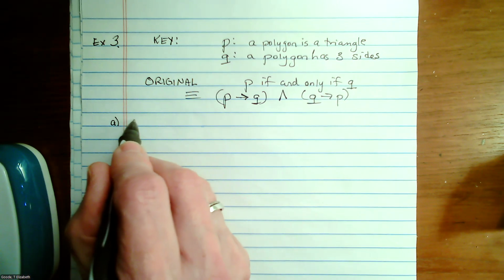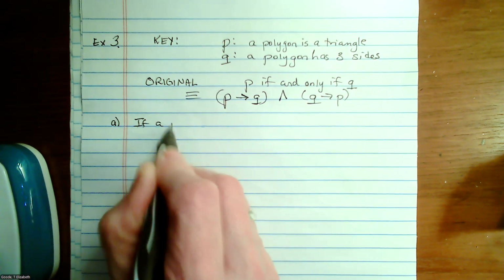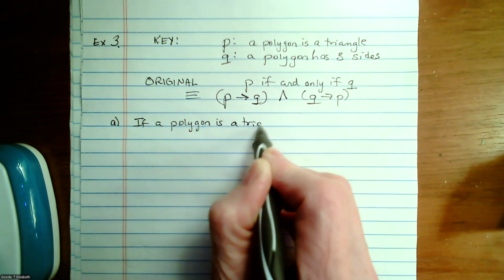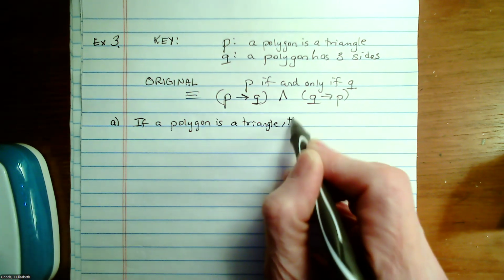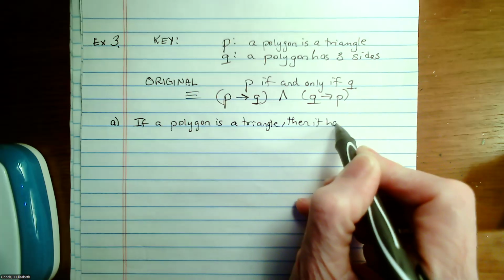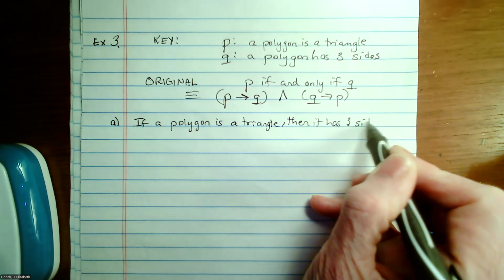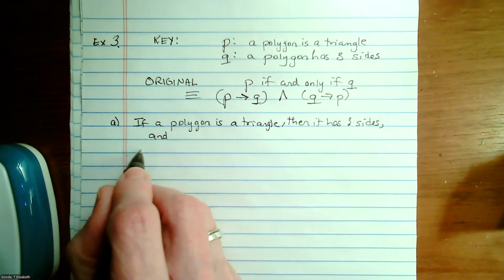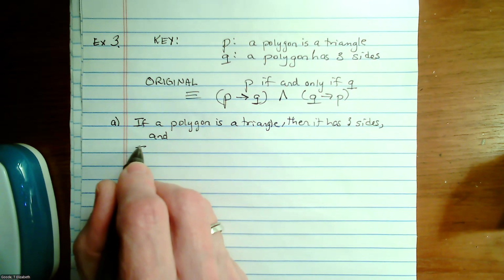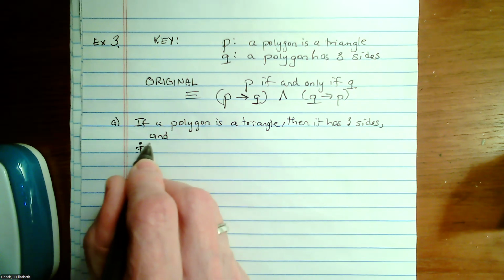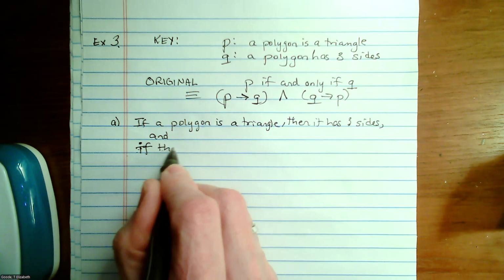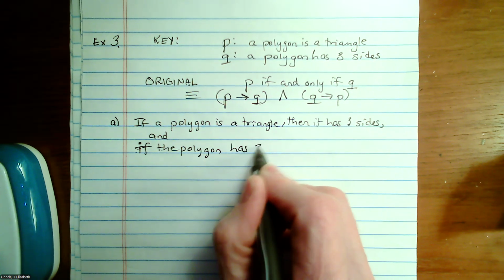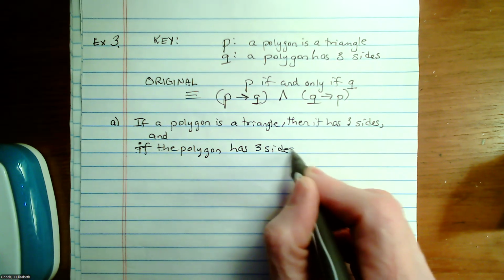For example, statement A is: if a polygon is a triangle, then it has 3 sides, and if the polygon has 3 sides, then it is a triangle.